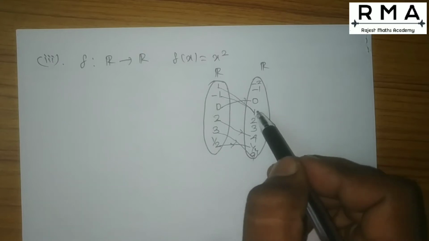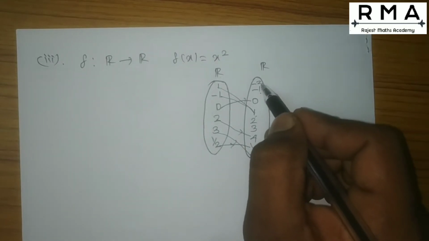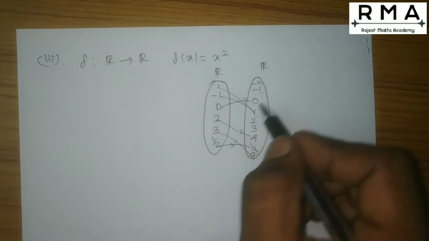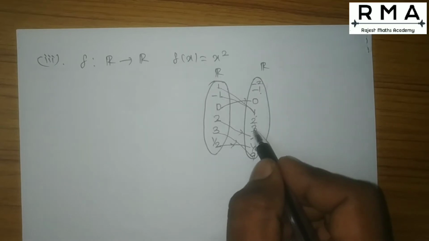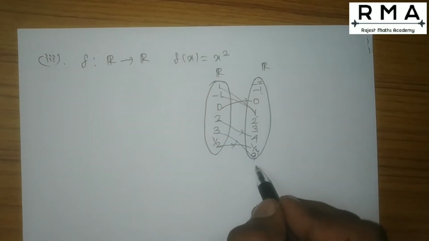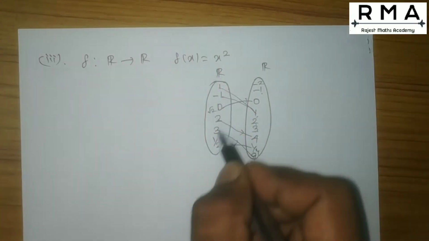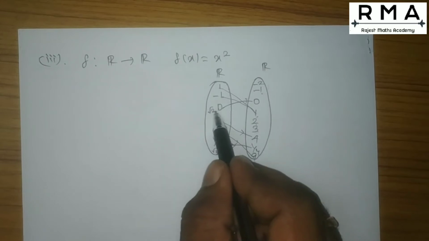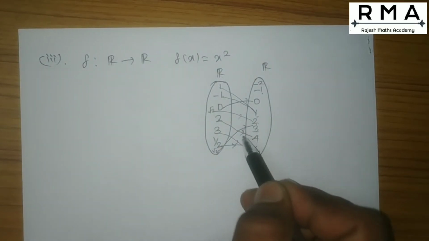Clear? What about onto? Here also -1, -2 are left unmapped, because 2 and 3 are mapped: 3 is mapped with root 3. Root 3 is a real number, so 3 is mapped. Similarly, 2 is mapped with root 2 and 3 is mapped with root 3. Clear?